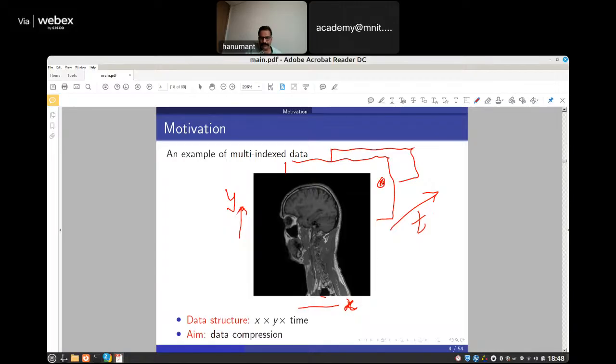For example, for a data point A here, I need three indices. One will indicate IX, another IY, another IT, but probably IJK. Okay, and again the aim is data compression, please.